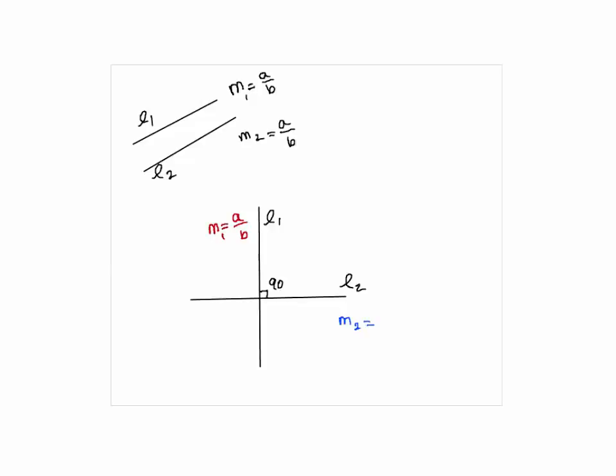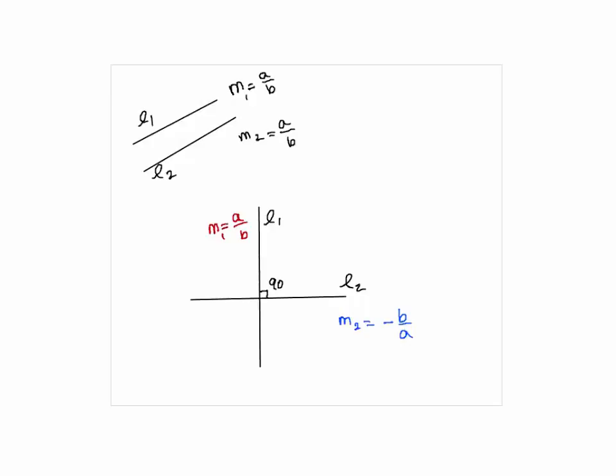Opposite. It would be negative and reciprocal, right? That would be negative and reciprocal, minus B over A.